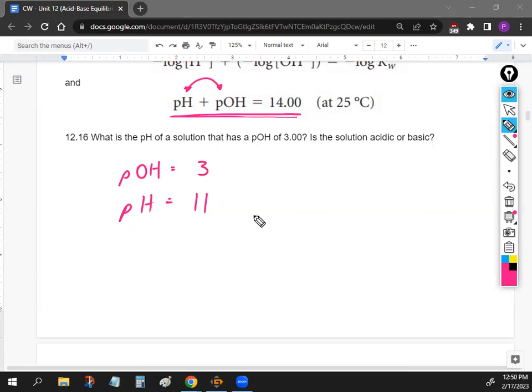So if POH is 3, that means pH is 11. And then, what do you guys think? Is it acidic or basic? Basic, yeah, it's going to be basic. Remember, 11 is greater than 7 on the pH scale, that's basic. And this is less than 7, so that's also basic on the POH scale.